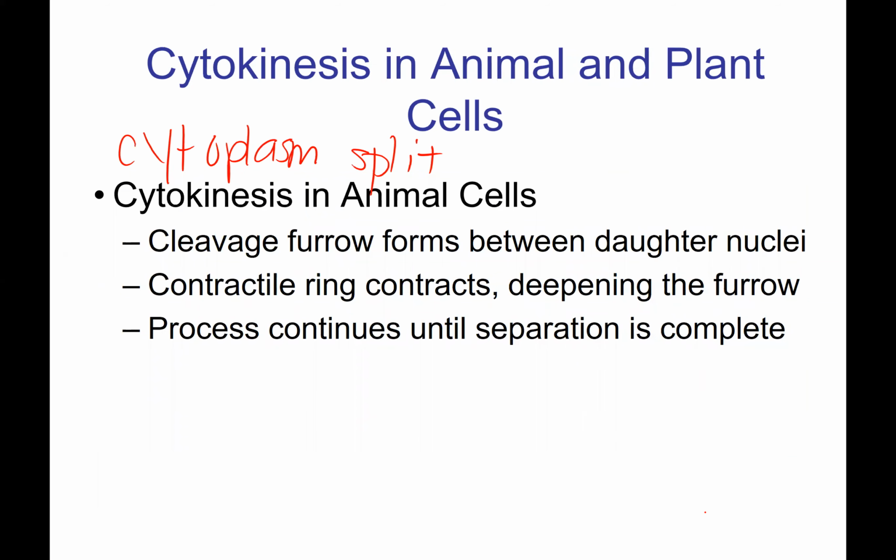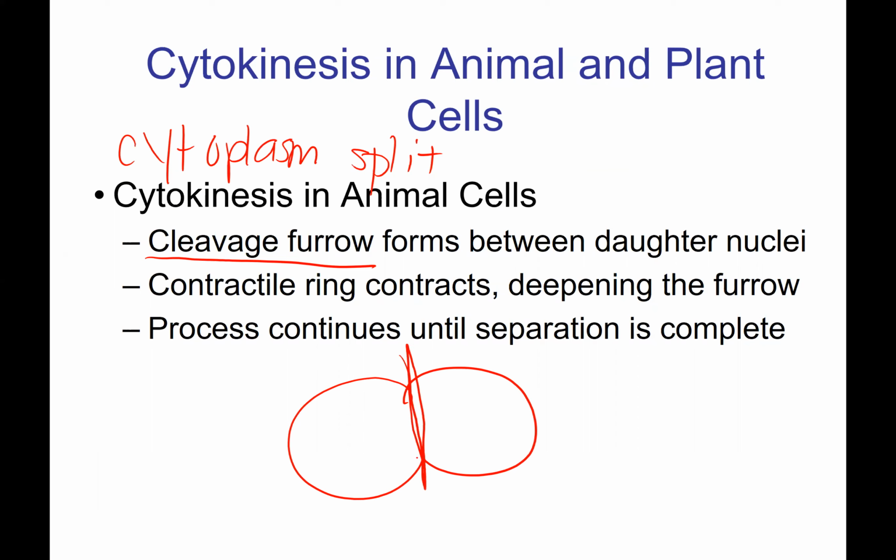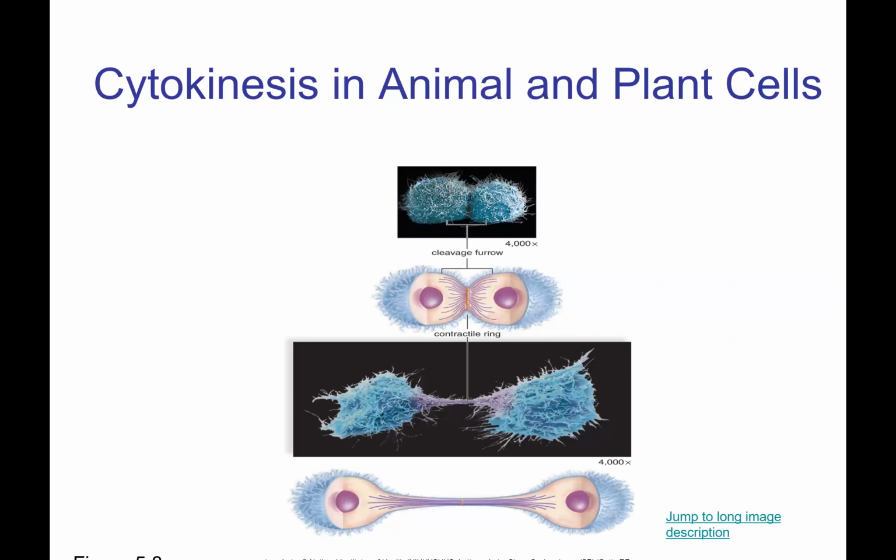So in animal cells, we have what is called the cleavage furrow form. It looks kind of like this, okay? A contractile ring is going to form right here, and it just pinches it apart. It's kind of like if you have Play-Doh and you pull Play-Doh apart into 2 different pieces. That's what happens. It's called a cleavage furrow.